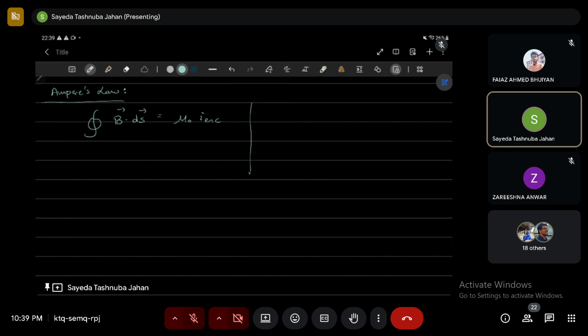Now you can find similarities of this with Gauss's law. If you remember, Gauss's law কি ছিল? It was Q by epsilon naught, right?